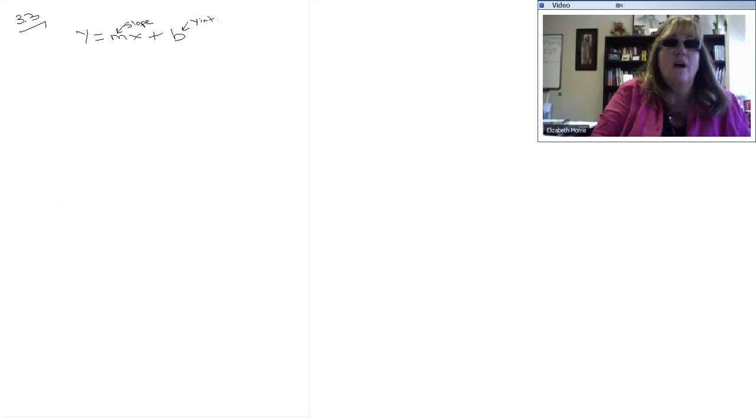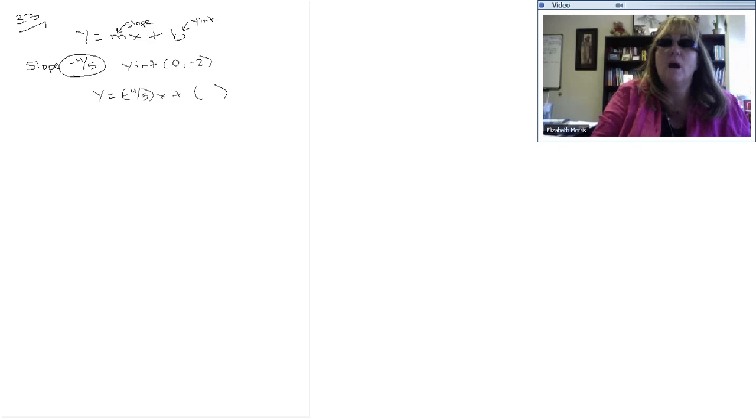So if I asked you to find the equation of a line, and I gave you that the slope is -4/5, and the y-intercept is (0, -2), taking y equals mx plus b, my m is -4/5, my b is -2, so y equals -4/5 x minus 2.